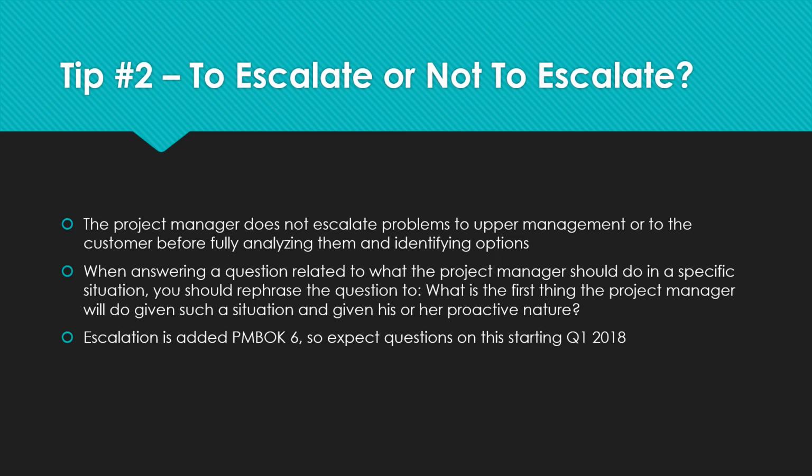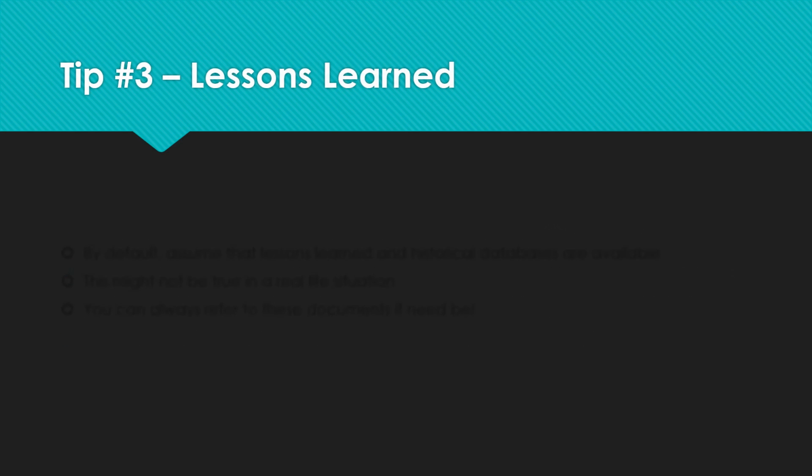This tip aligns itself with what's in the PMBOK 6th edition, because the project manager needs to be proactive. The project manager needs to have analyzed all possible solutions, all possible options before going to the higher management and escalating a particular issue. All right, let's move on.